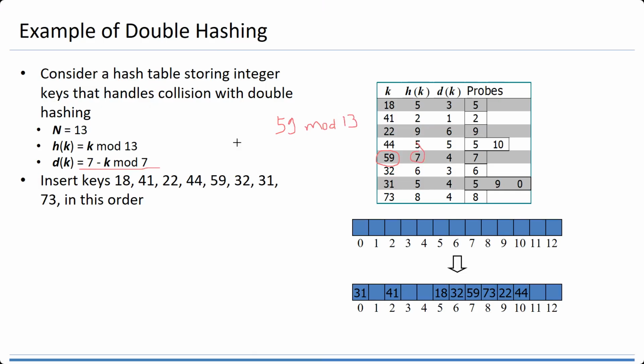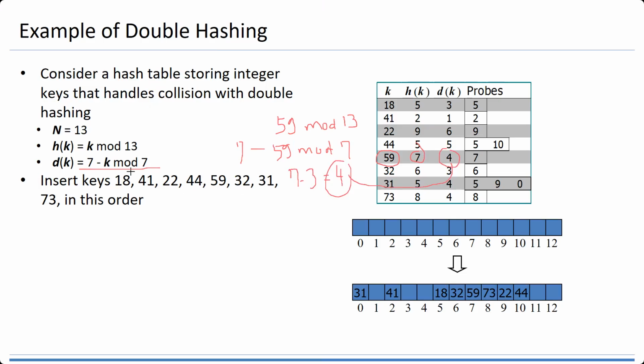And then 7 minus 59 mod 7. Then we can get the value 59 mod 7. It is 3. 7 minus 3, then it is 4. So 4 is the value here.